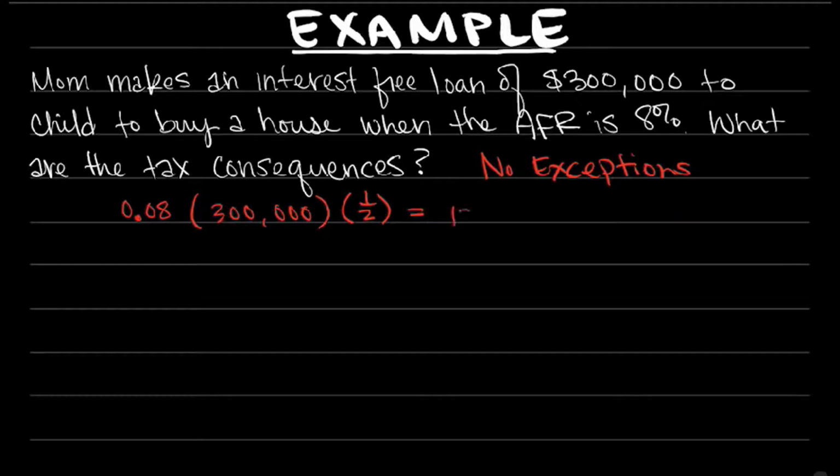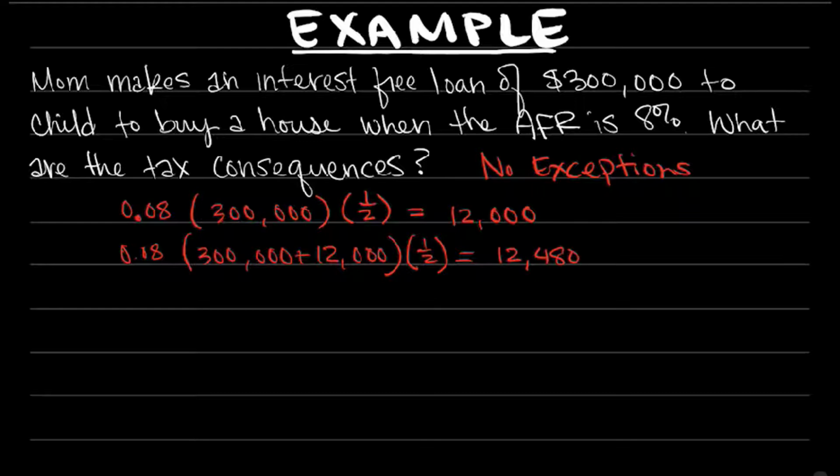So this gives us an amount of $12,000 that is imputed for the first half of the year. Then we take the 0.08, multiply that by 300,000 plus the 12,000, and because it's also compounded semi-annually, we then get an amount of $12,480 of interest for the second half of the year.